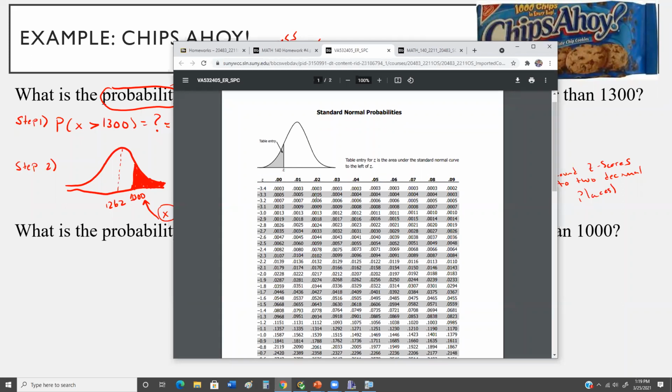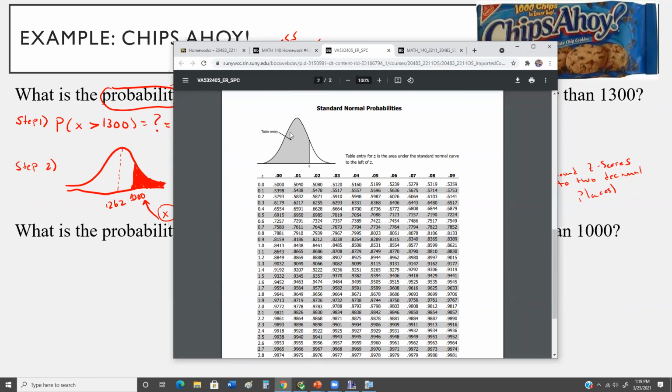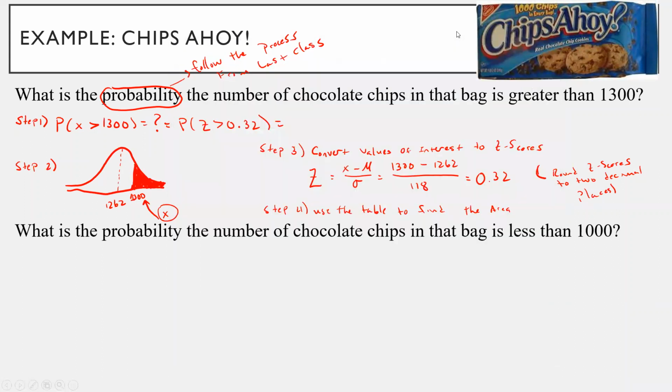Absolutely. If you look here, you notice the table has the area shaded to the left, like this. Does anybody remember the procedure for finding the area to the right? Subtract from 1. Yep. So you're going to go 1 minus, and you're going to look this value up on the table.